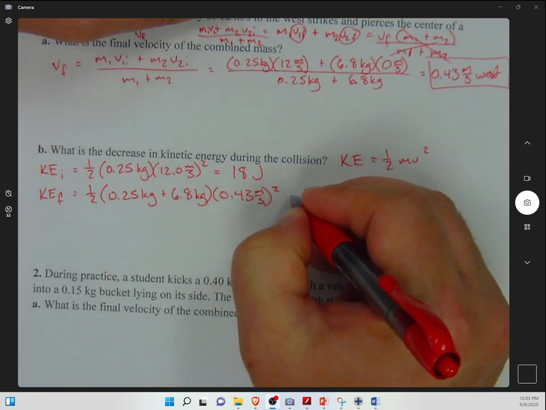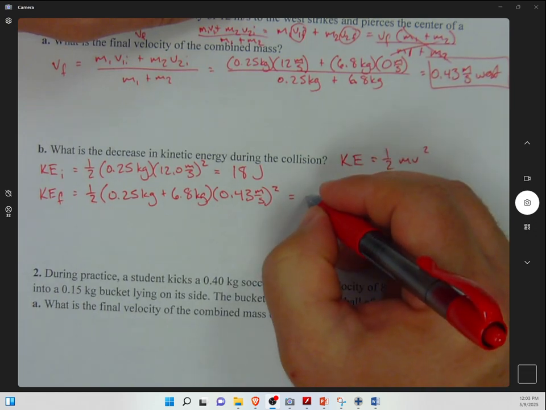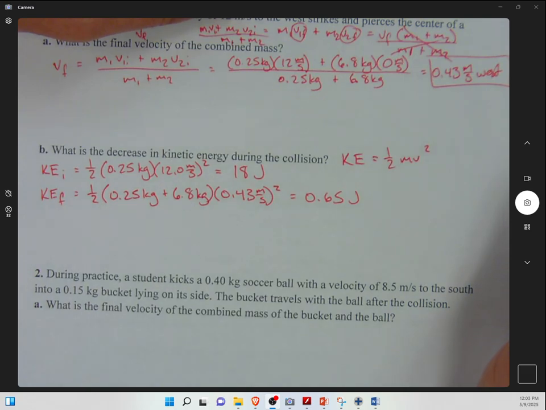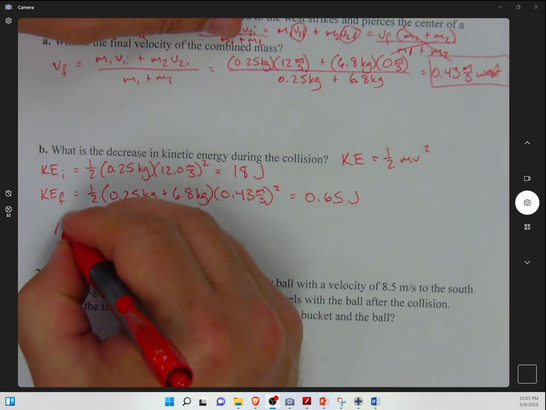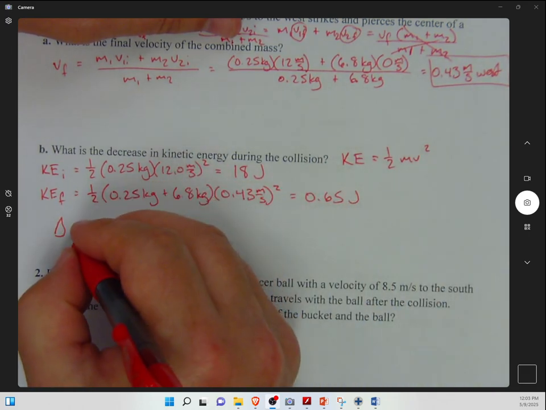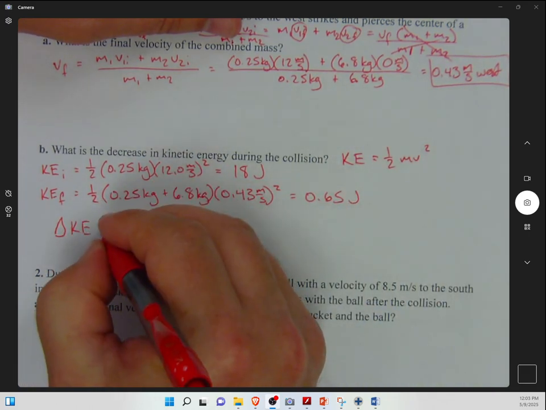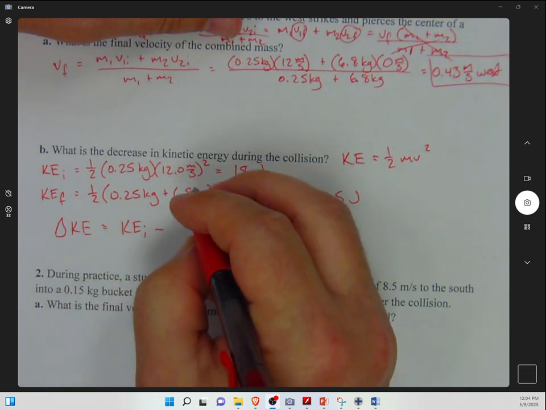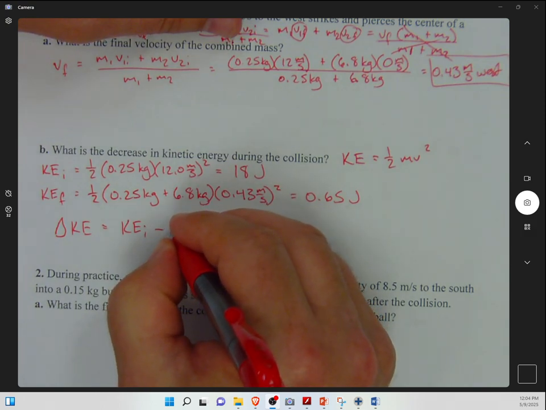And then I'm going to square that. This bad boy is going to end up being 0.65 joules.